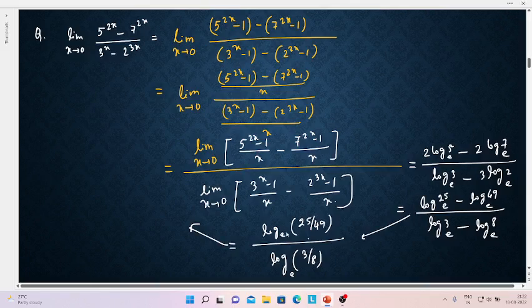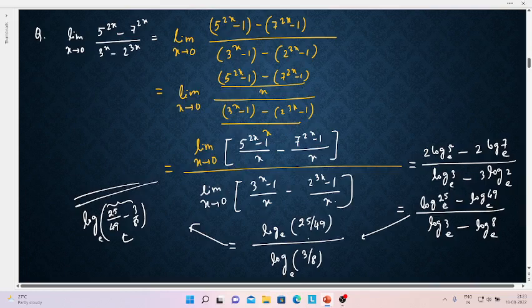Since it is log a by log b, we can subtract them, so that will become log 25 by 49 minus log 3 upon 8. You can solve this easily. So that is the actual answer.